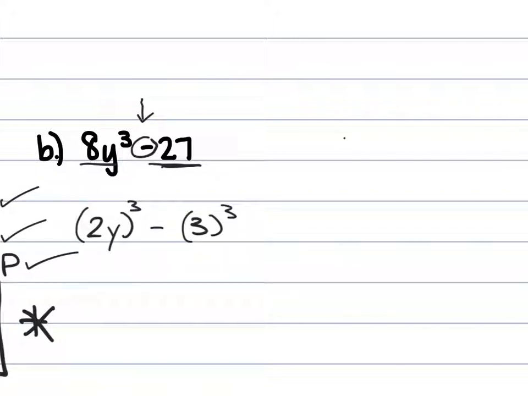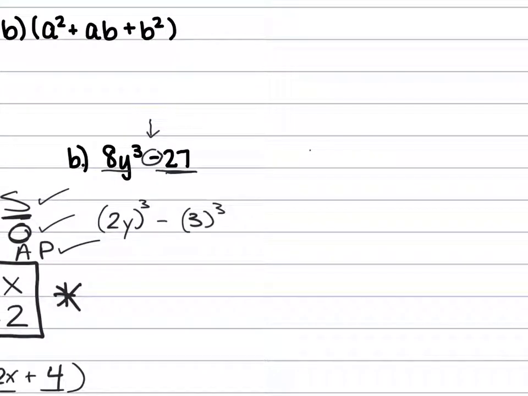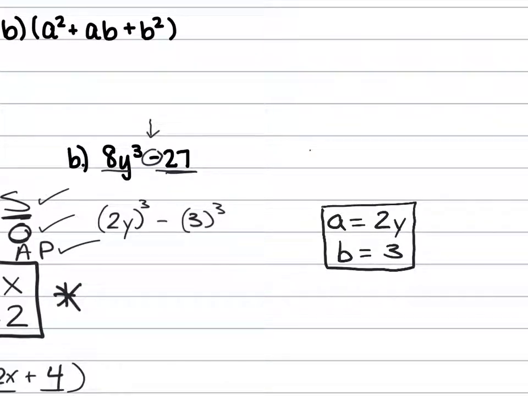So we got 2y cubed minus 3 cubed. Those are both things being cubed. So in this case, A is equal to what? 2y. And B is equal to 3. All right, good. That's a key piece of information. Every single time, this will break out into a binomial and a trinomial. 2 things and then 3 things.